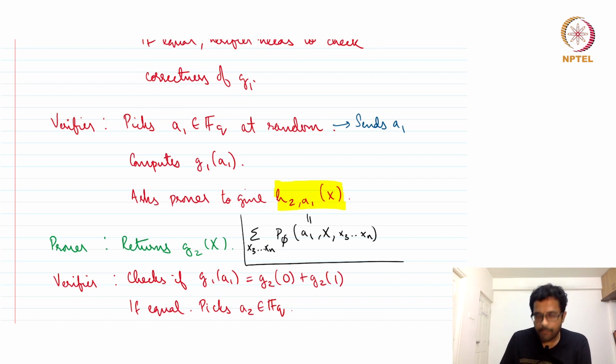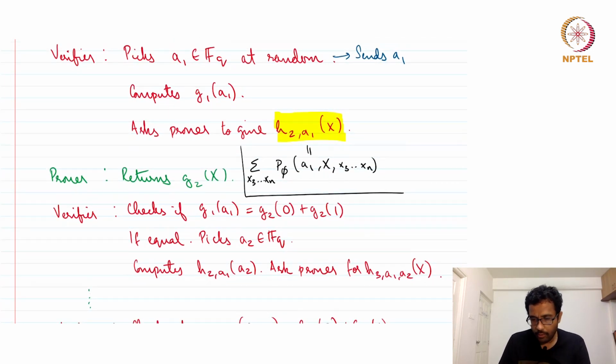Suppose the prover gives a polynomial g2 of x. Now the verifier can already compute g1 of a1, and can verify that g2 of 0 and g2 of 1 should add up to give g1 of a1. This is an important identity, because whenever a1 is fixed, g2 of 0 plus g2 of 1 should give you g1 of a1.